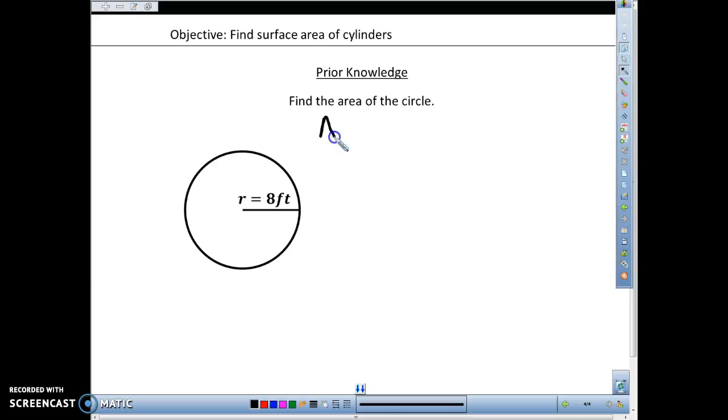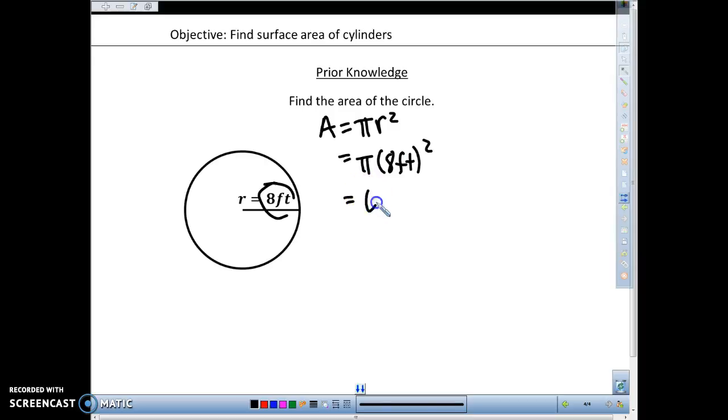Remember that area of a circle is pi times the radius squared. In this problem, we have a radius of 8 feet. So in order to calculate the area, we would just plug in 8 feet for our radius. When we square this, we get 64 pi feet squared.